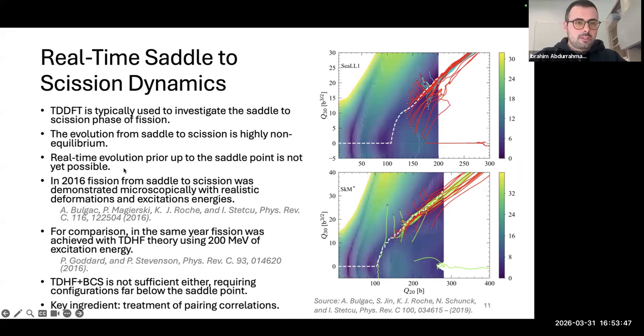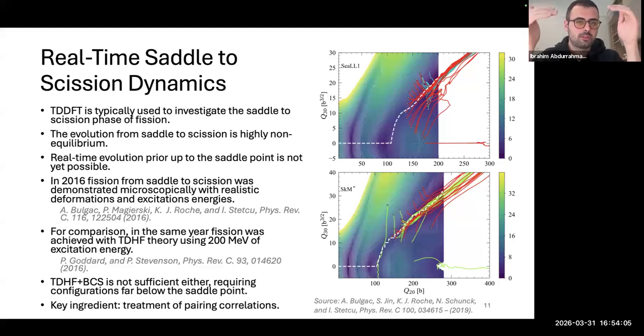What you'll see is, if you treat pairing in something known as the BCS approximation, which should not be confused with writing a full BCS wave function, which is what HFB would be.